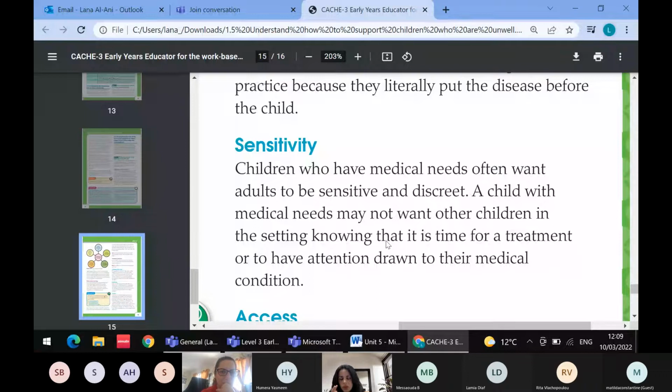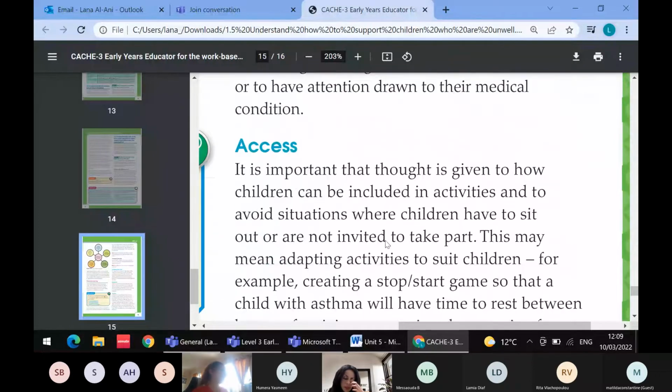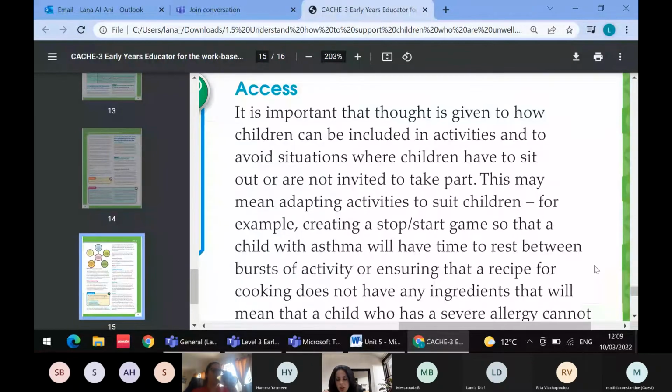All these children should be included in the same activities, to avoid a situation where the child is sitting on their own, not invited, not taking part. They will feel rejected by the nursery. They will feel bad. They will have low self-esteem.